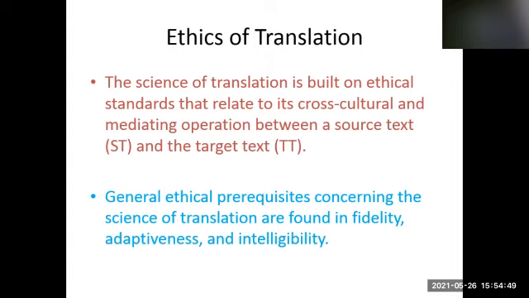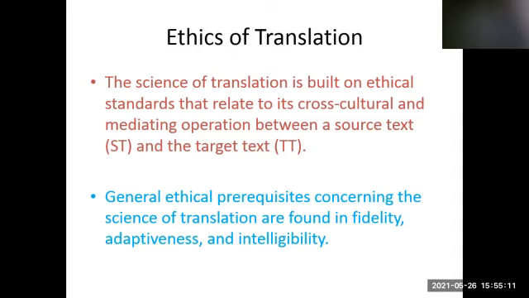And of course, these three concepts, fidelity, adaptiveness, and intelligibility, we are going to look more at them in detail, not as part of the ethics, but as some of the problems we might encounter.